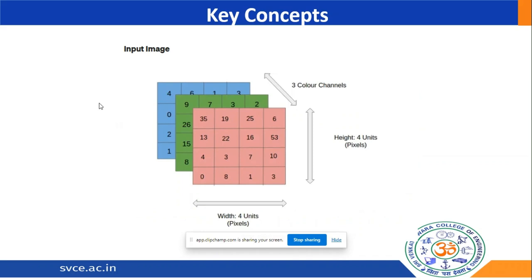The role of the convolutional network is to reduce the image into a form that is easier to process without losing features that are critical for getting a good prediction. This is important when we are to design an architecture that is not only good at learning features but also scalable to massive datasets.